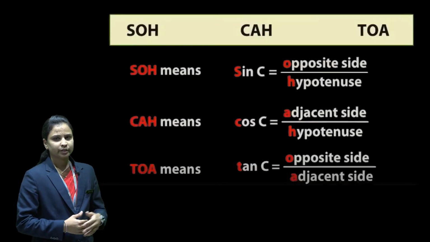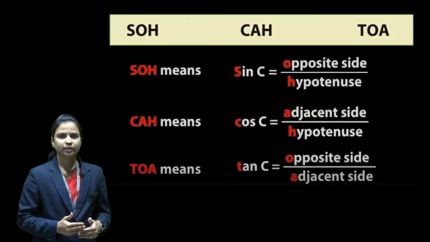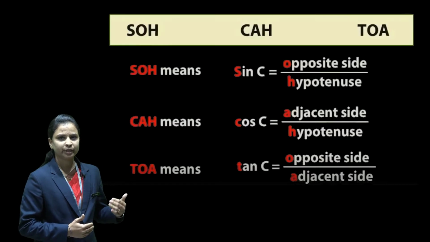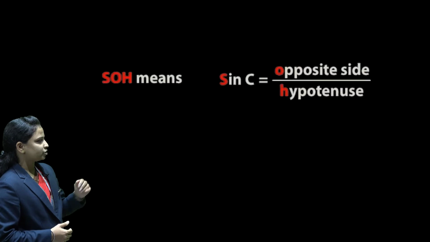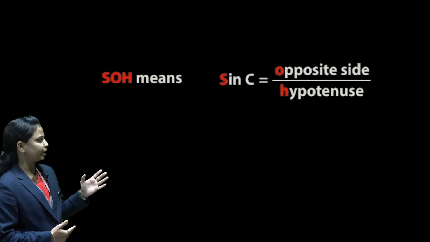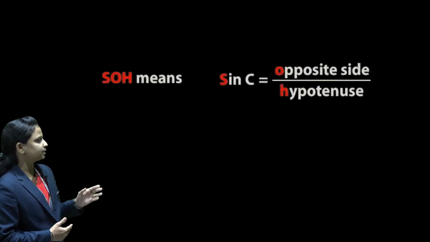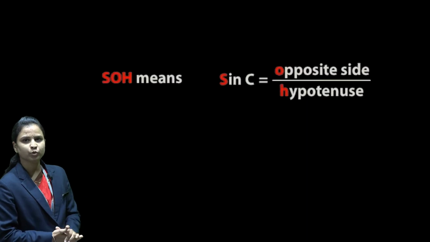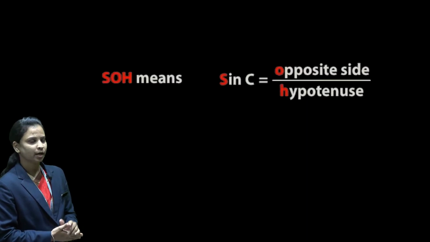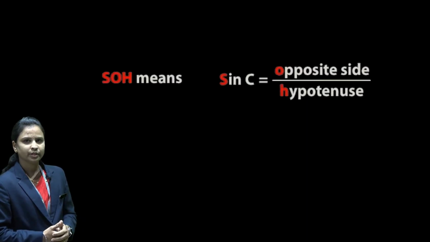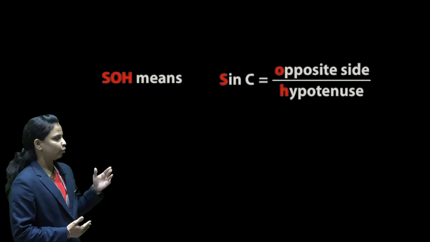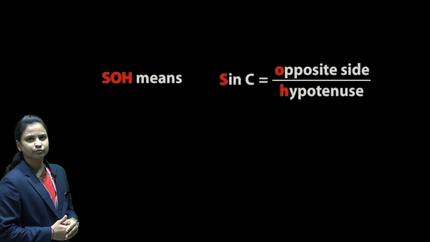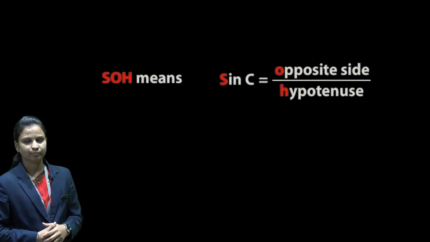These trigonometric ratios we can easily recall by remembering this. See, SOH means sin C is equal to opposite side divided by hypotenuse. Here S stands for sin, O for opposite side, H for hypotenuse.